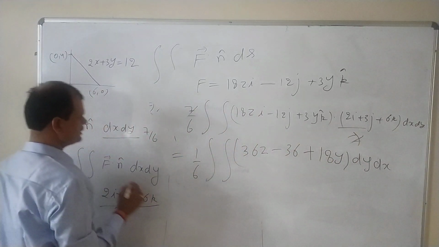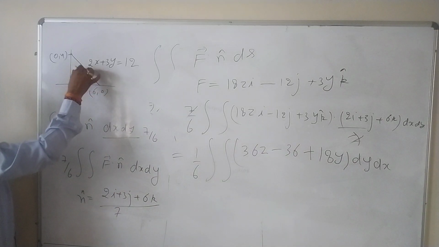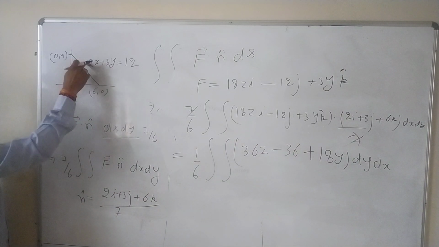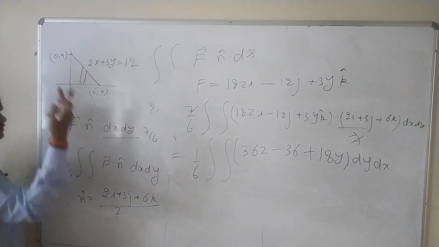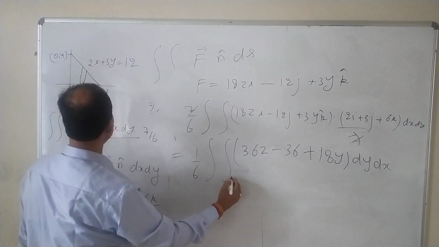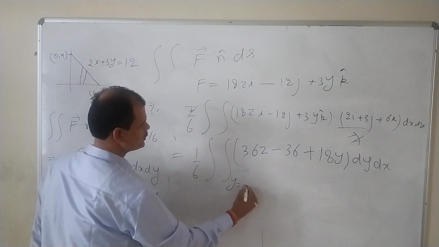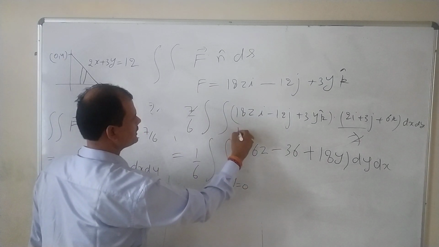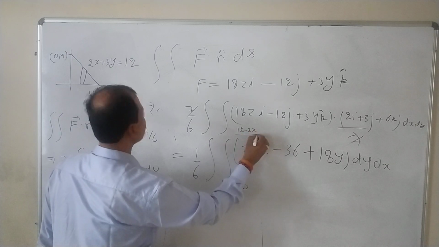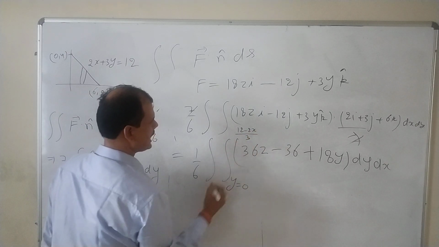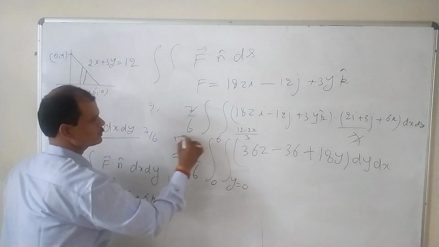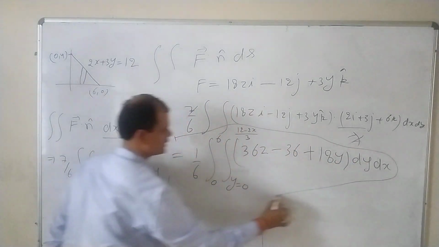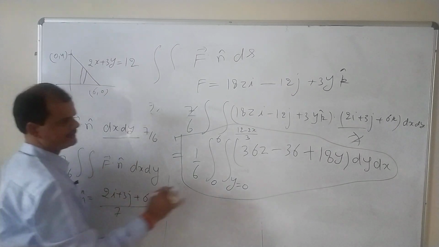Now what is the y limit? On this line, what is y? y is (12 minus 2x) by 3. In multiple integration we have already done that. So y goes from 0 to (12 minus 2x) by 3 and x goes from 0 to 6. This part you have already done in multiple integration. Fine.